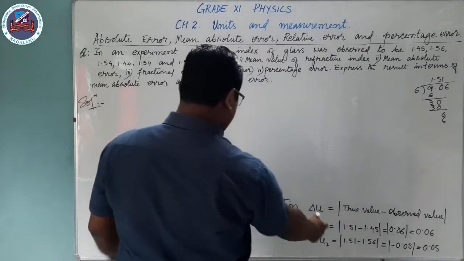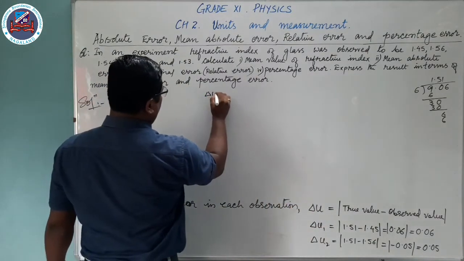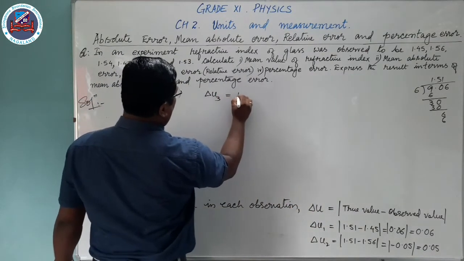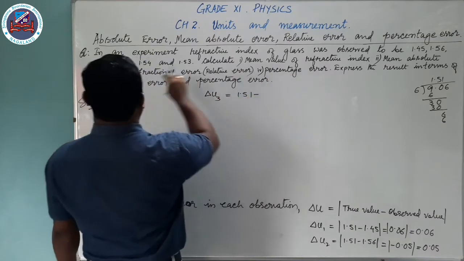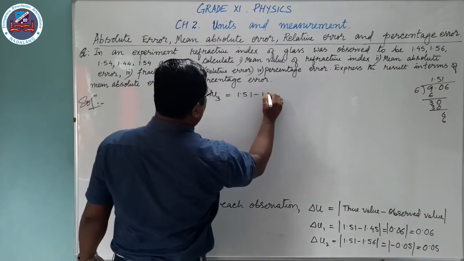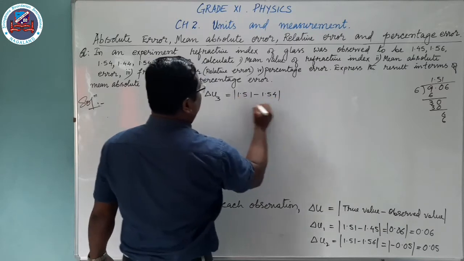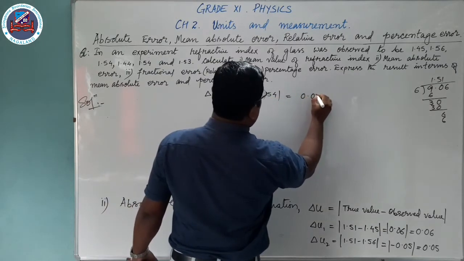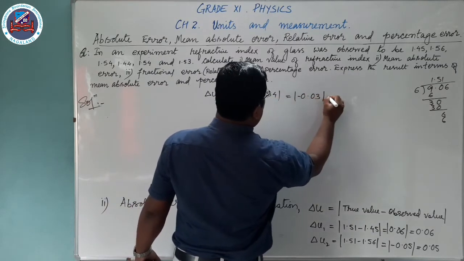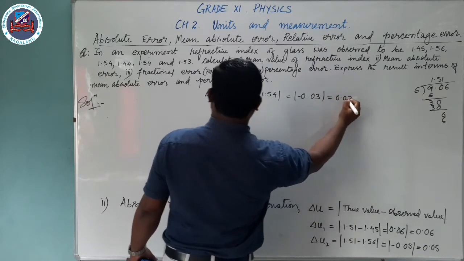Then delta U3 you will find out: 1.51 minus the third value, 1.54. Here also you will be getting 0.03 with a negative sign. We will take the positive value.